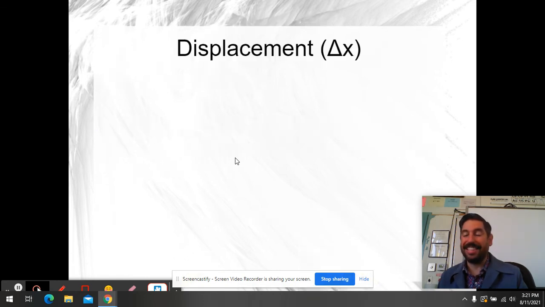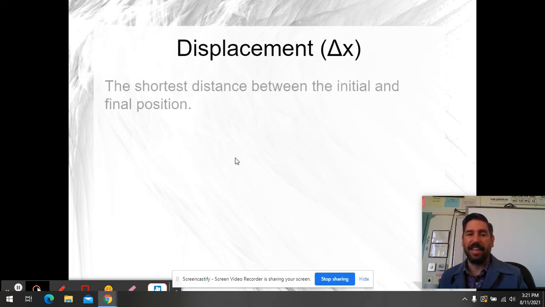Displacement is similar to distance, but it's a little different. For displacement, we use the symbol delta x, and it is the shortest distance between the initial and final position. Delta, you may know, is this triangle. It means change, and x is position. So it's really measuring the change in position.